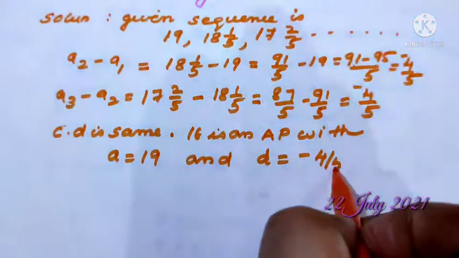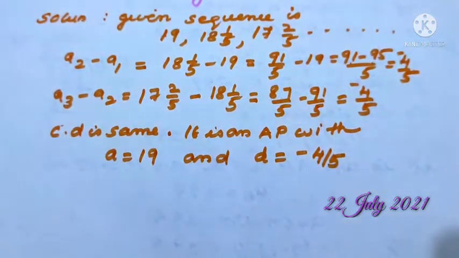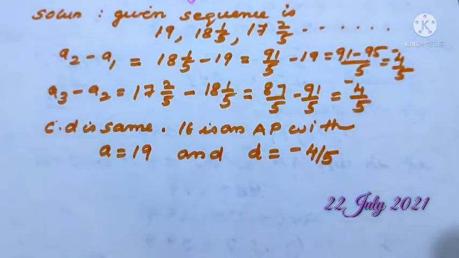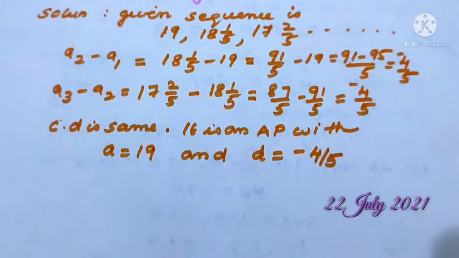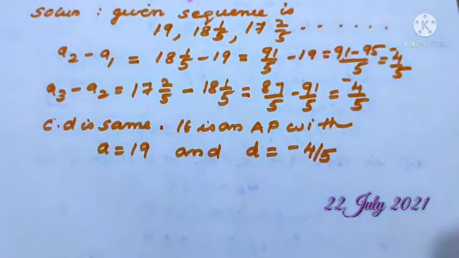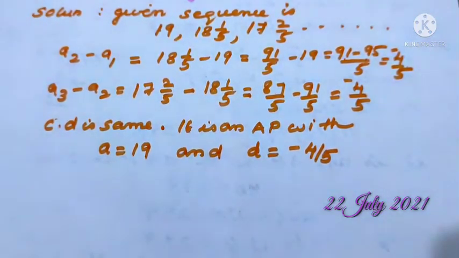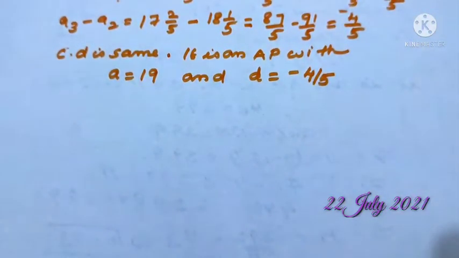This step carries marks in such questions. Since the question is from the chapter arithmetic progression, you cannot directly start with an AP, because it is not given in the question. So we must prove AP first, then we can apply the formula.